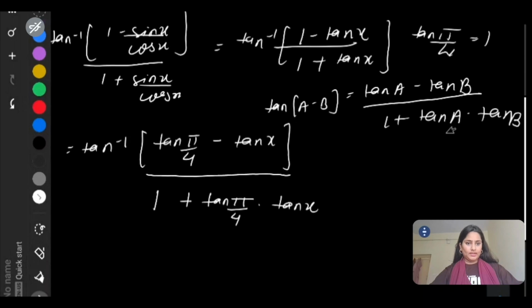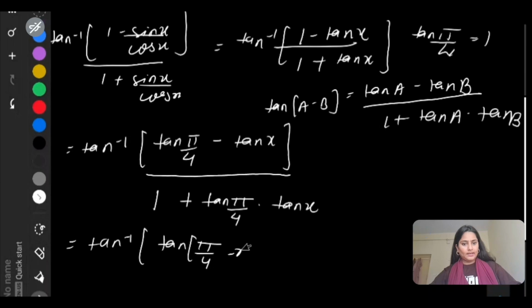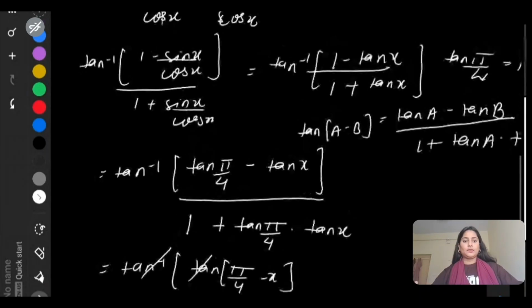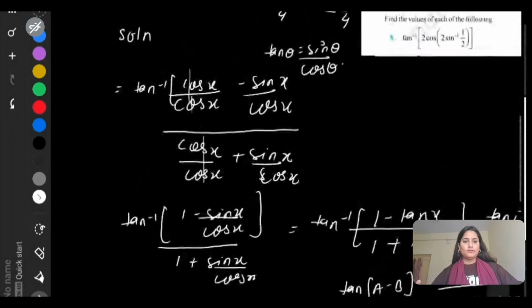Now this equation and this are the same, where A is pi by 4 and B is x. So we will directly write tan inverse of tan of (pi by 4 minus x). Now we'll cancel these two, so the answer will be pi by 4 minus x. Now you can check the solution at home.